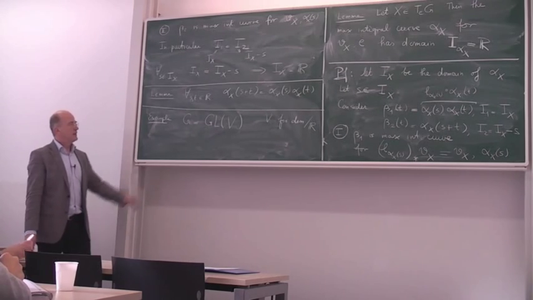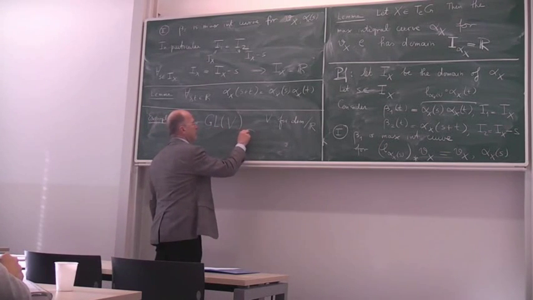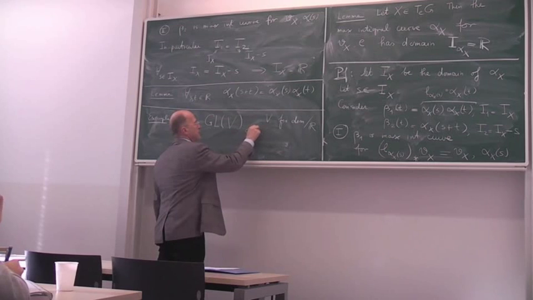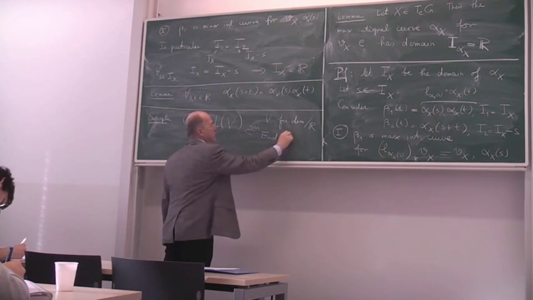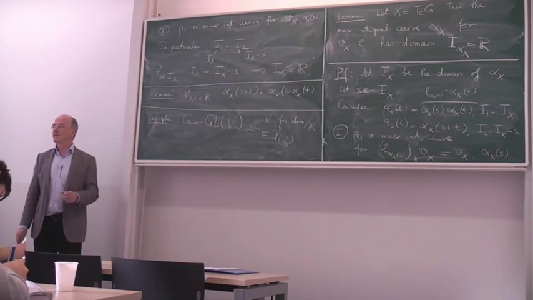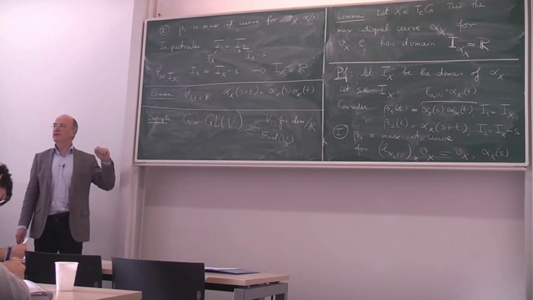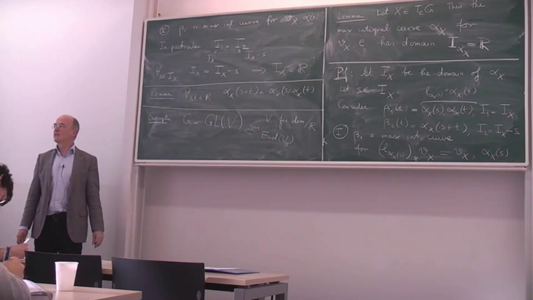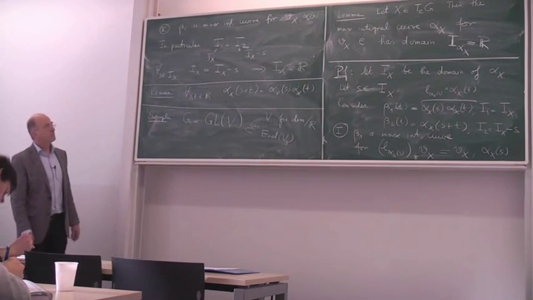Last time we saw that this is an open subset of the space of all linear transformations from V to itself. We presented it in matrix form. Now this statement is equivalent to the statement in matrix form if we fix a basis for the space V.